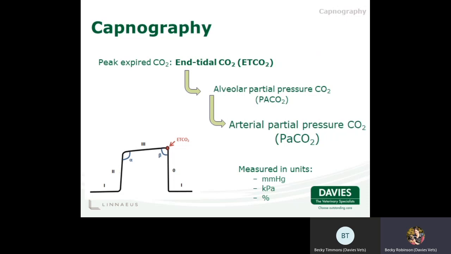And as we've just discussed, it is the PaCO2 which is the main physiological driving force of ventilation. Therefore, capnography is a really easy way to give us a continuous, relatively accurate real-time measure of what is happening with the patient's carbon dioxide levels. And it's certainly much easier than taking repeated blood gas measurements, for example.